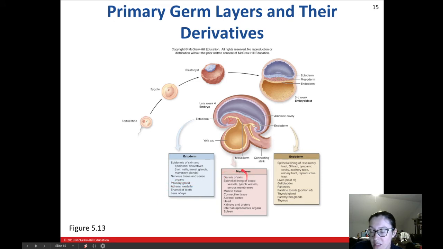The mesoderm is going to be the dermis of the skin, the epithelial linings of the blood vessels, all the muscle tissue, all the connective tissue, and a lot of different organs here, kind of the middle stuff: heart, kidneys, ureters, reproductive organs, the spleen. And then finally the endoderm is a lot of epithelial linings of things as well as some other organs and glands. So this is just a little bit of how the tissues are formed and what they eventually become.